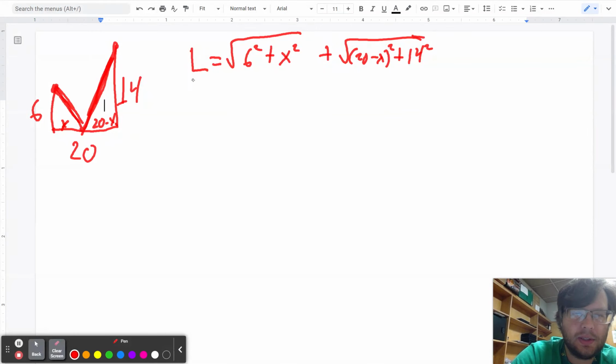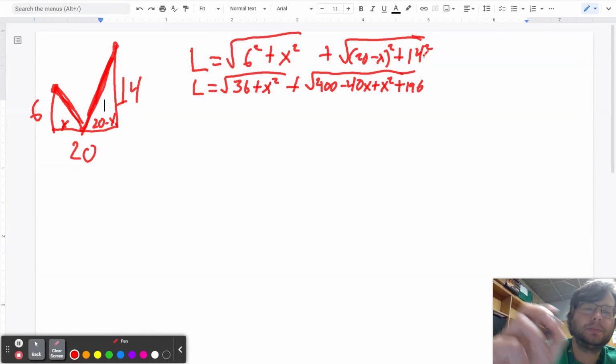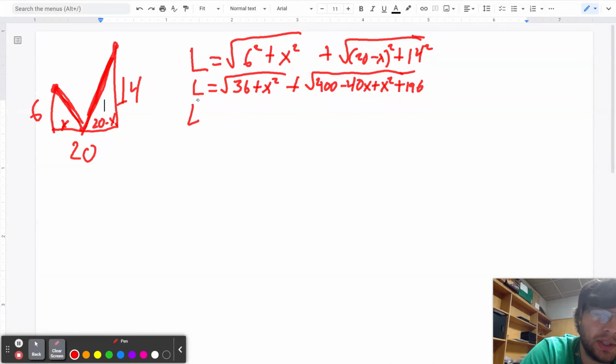So if I simplify that out a little bit, I get the square root of 36 plus x squared plus the square root of 400, 20 times 20, minus 40x plus x squared plus 196. Then we take the derivative of that.